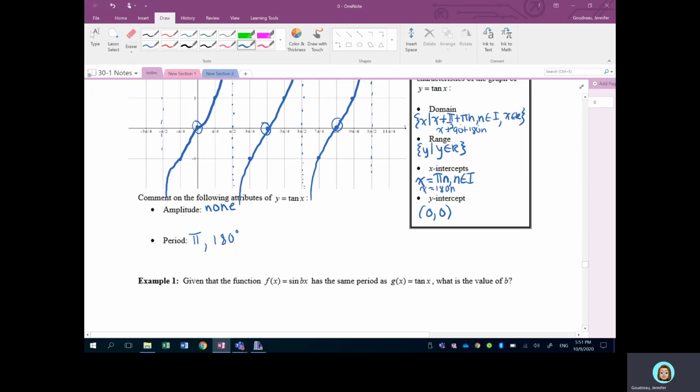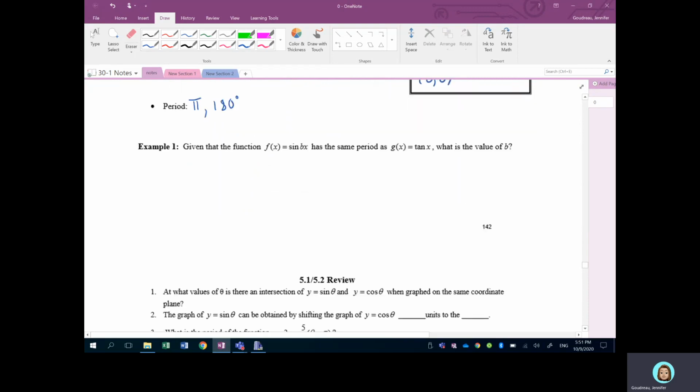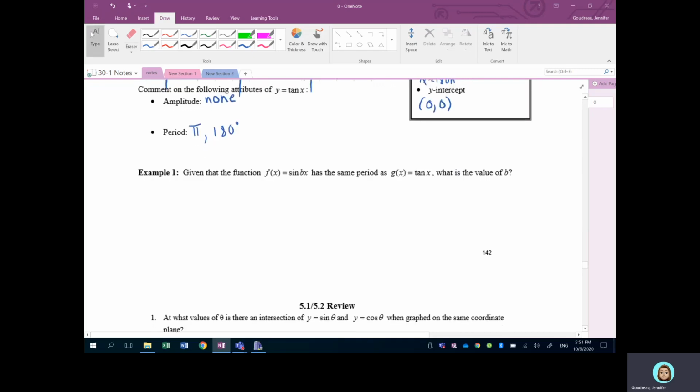We have one example for this section, and here's what it says. Given that the function f of x equals sine b x has the same period as tangent x, what is the value of b? Okay, well, the period of this function, remember, is equal to 2 pi over b.